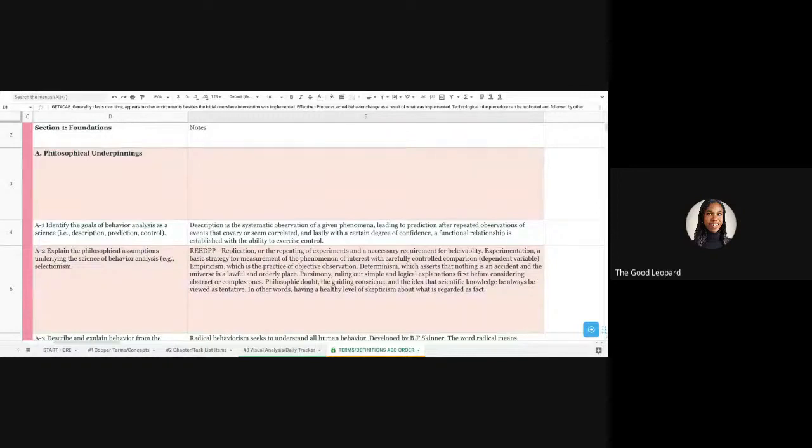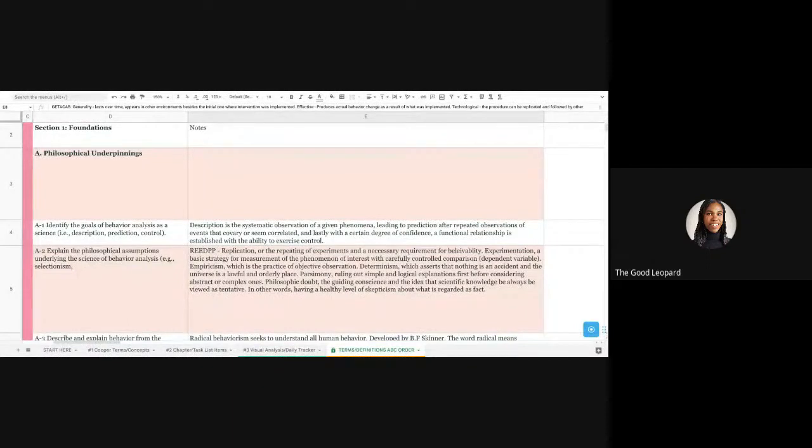Description is the systematic observation of a given phenomena leading to prediction after repeated observations of events that co-vary or seem correlated. And lastly, with a certain degree of confidence, a functional relationship is established with ability to exercise control.